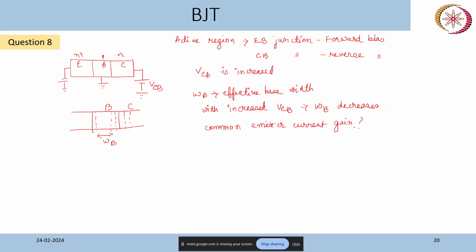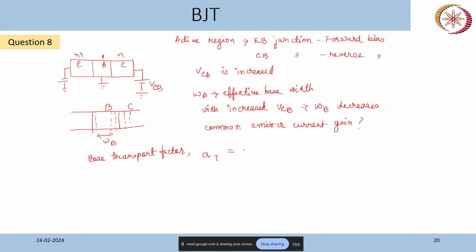Okay, let's see here. First, what is the base transport factor, and how is it affected? We know that the more carriers there are in the base region, the greater the chance of recombination. So let's first see the base transport factor, alpha t.